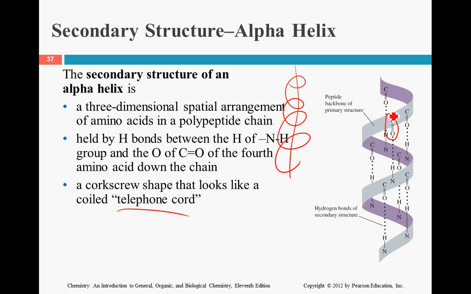This is part of the carboxylic acid there. It's the carbon-oxygen double bond from the carboxylic acid. This nitrogen-hydrogen here is from the amine. Notice that it's actually being shared from top to bottom.